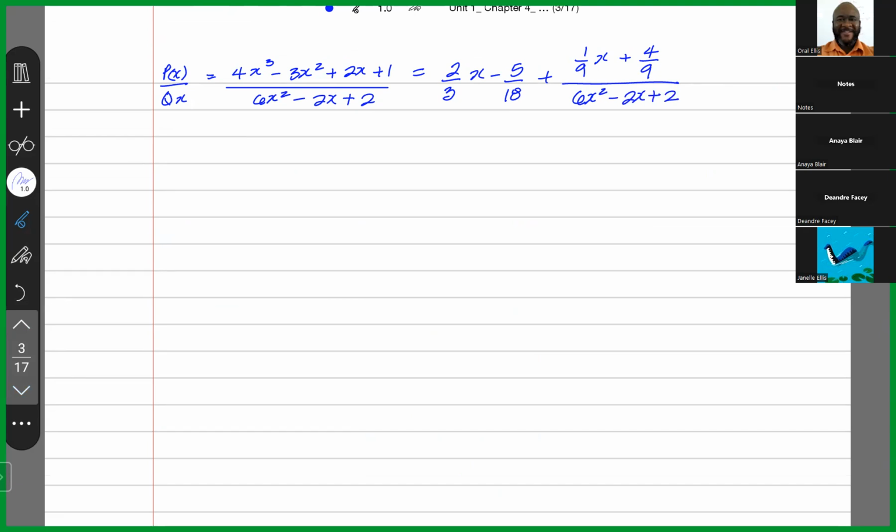So in other words, when I divide P of x by Q of x, I got 2/3 x minus 5 over 18 plus the remainder, which is 1/9 x plus 4 over 9 over whatever you're dividing by, which is 6x squared minus 2x plus 2.